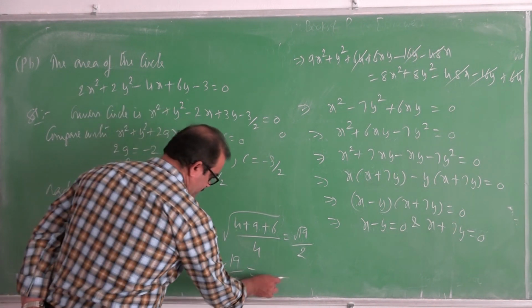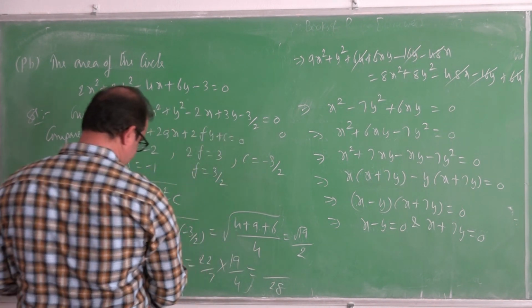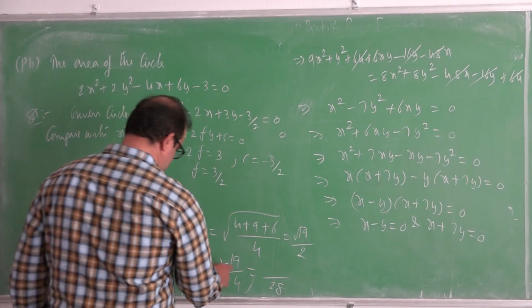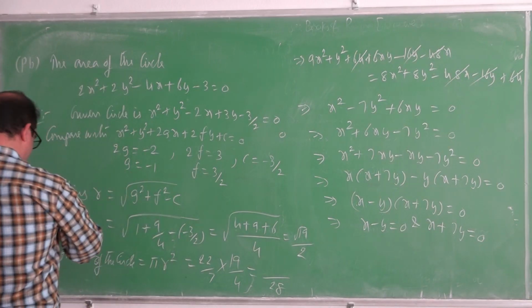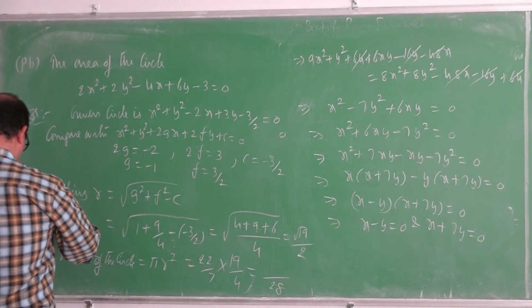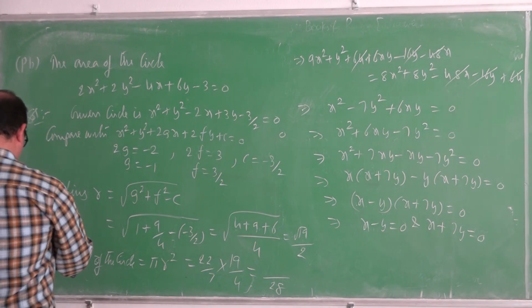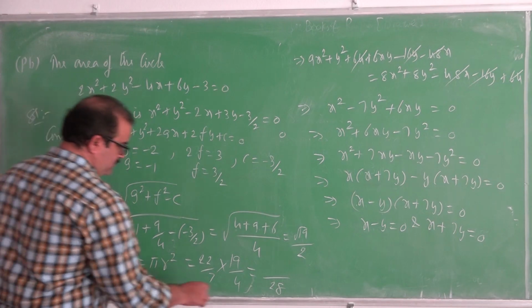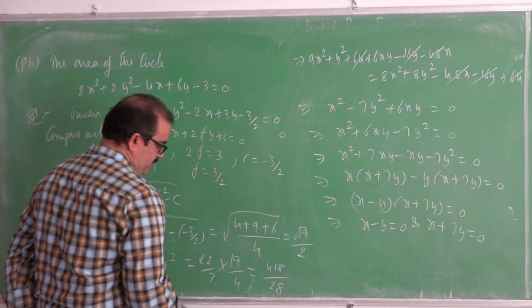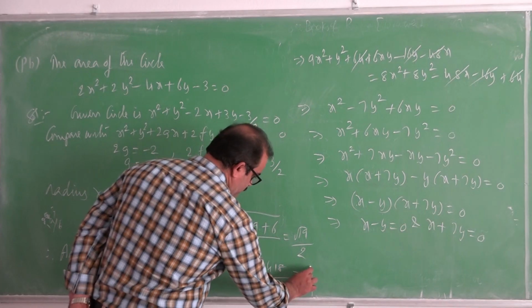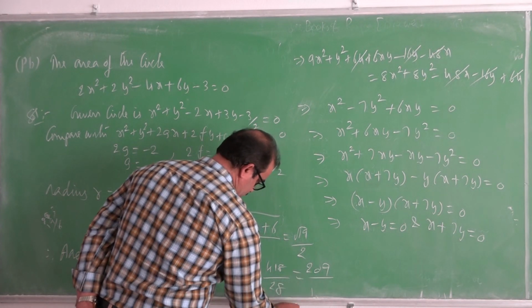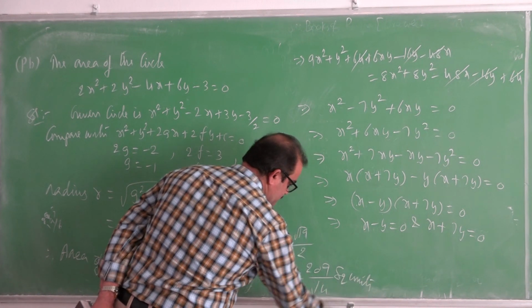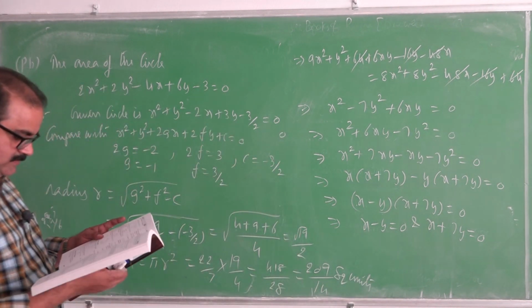Multiply: 7 into 4 is 28, 22 into 19, 418 by 28. Divide with 2, 209 by 14. Area is represented in square units. 209 by 14 square units.